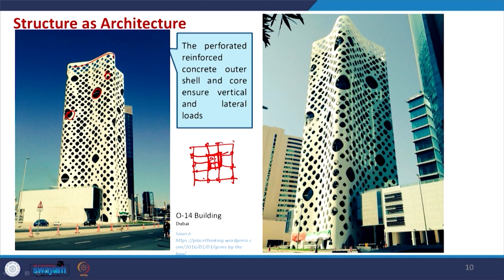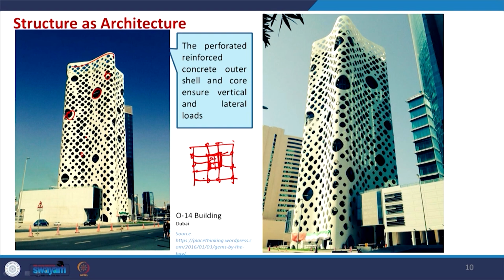We will discuss this, and normally the core concept will come into the picture when we discuss high rise buildings. But here, perforations of different sizes create a kind of wrapping to the building, but this is again a structure.